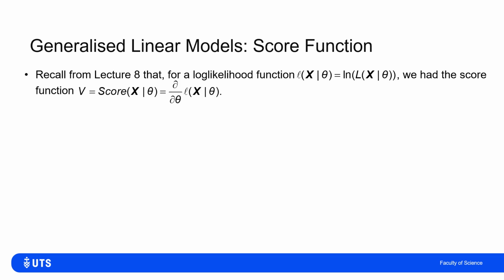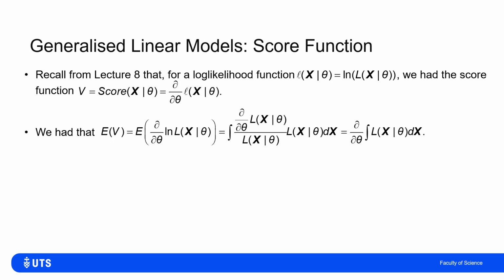We do this through the score function, which is something we introduced previously, that the score function was just the gradient of the log likelihood function when differentiated with respect to the parameter, in this case theta. And we also saw that we have this nice property that the expected value of the score function should be 0.